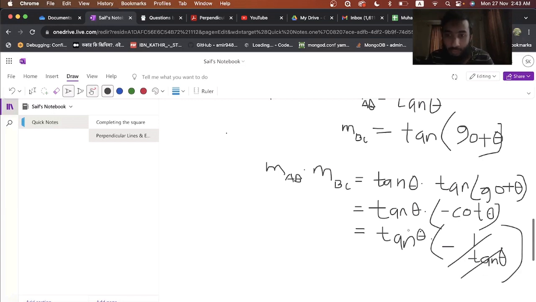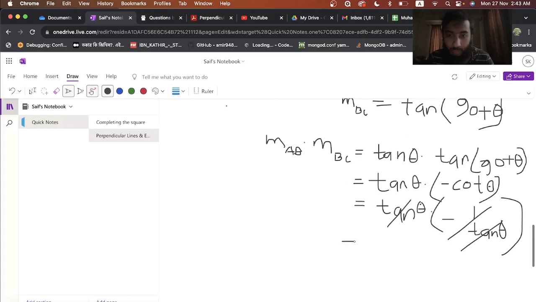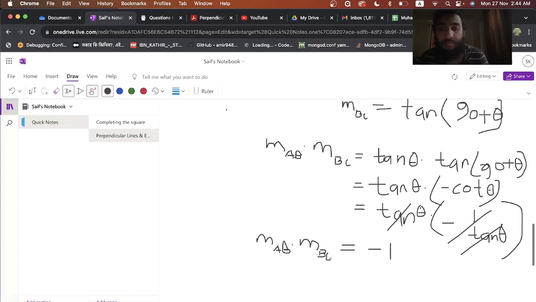So if I cut off this tan theta, then I have minus 1. So the multiplication of two slopes perpendicular to each other is minus 1.